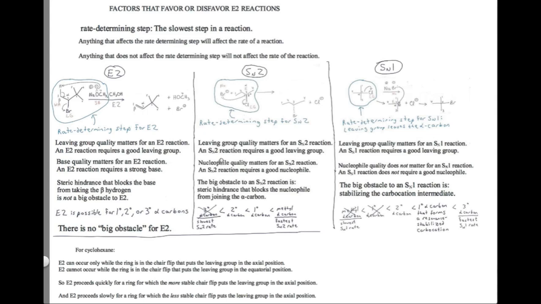A better nucleophile makes an SN2 reaction faster, but a better nucleophile does not increase the rate for an SN1 reaction. And the reason for that is that the base participates in the rate determining step for E2, and the nucleophile participates in the rate determining step for SN2, but the nucleophile does not participate in the rate determining step for SN1.